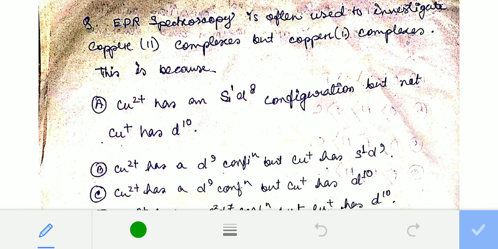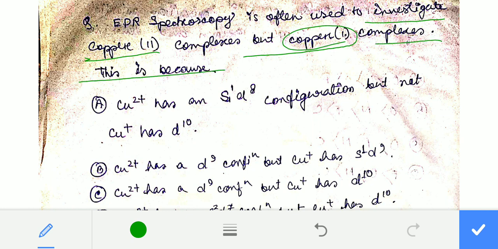EPR spectroscopy is often used to investigate copper 2 complexes but not copper 1 complexes. This is because, right? Let me tell you what EPR spectroscopy is. It refers to electron paramagnetic resonance.